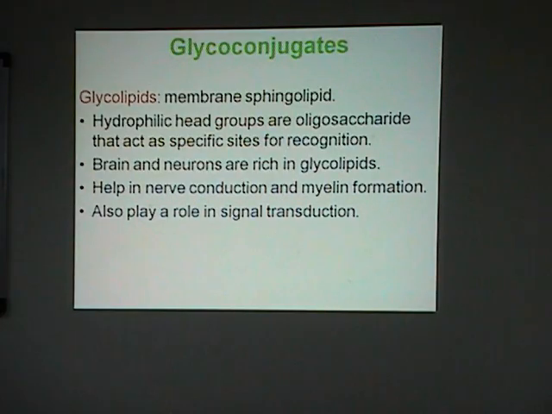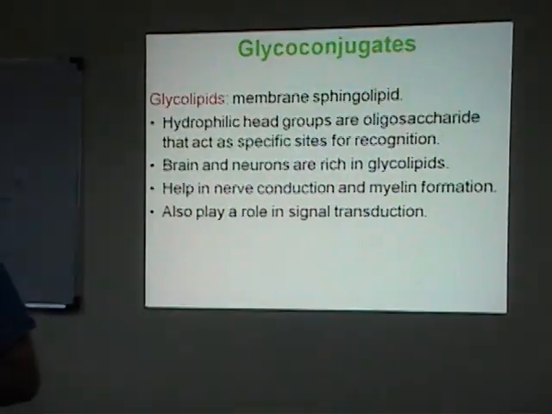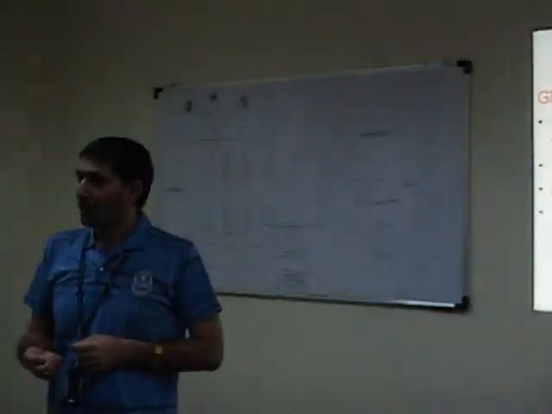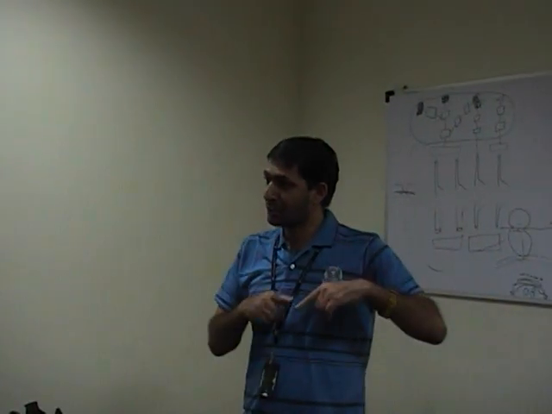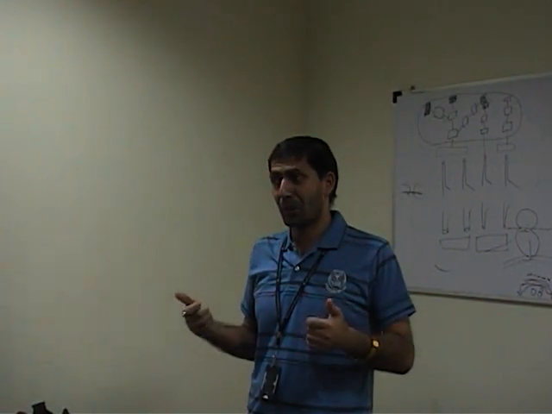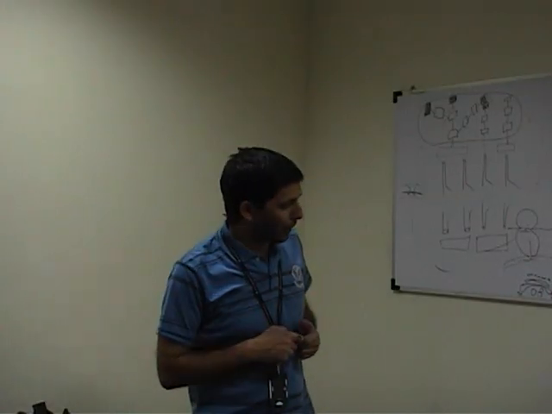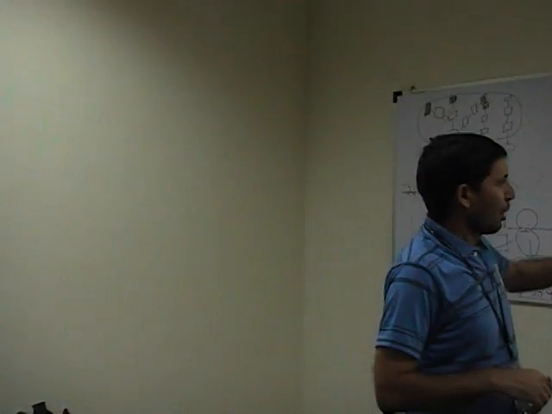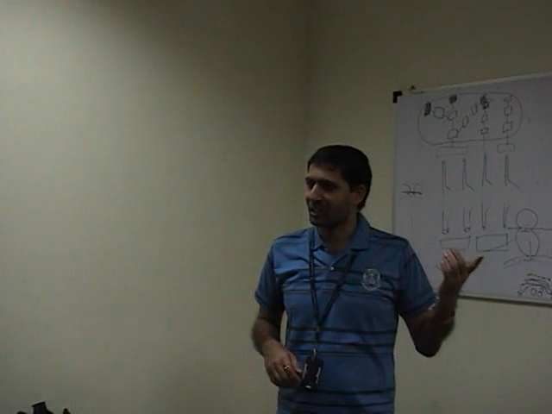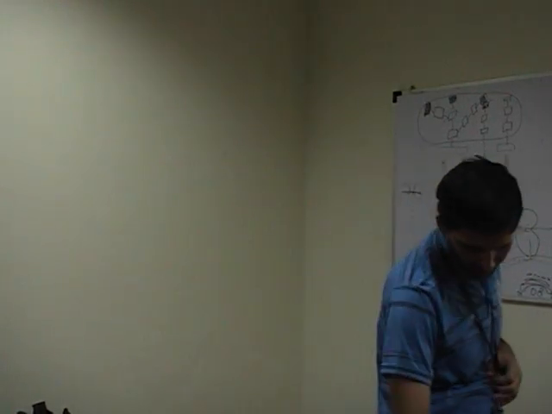Only then is it able to control the detrusor muscle of the urinary bladder, even in the sleep stage. But when it is non-myelinated, it is unable to control that detrusor muscle movement. Glycolipids also play a role in signal transduction. You know about signal transduction?